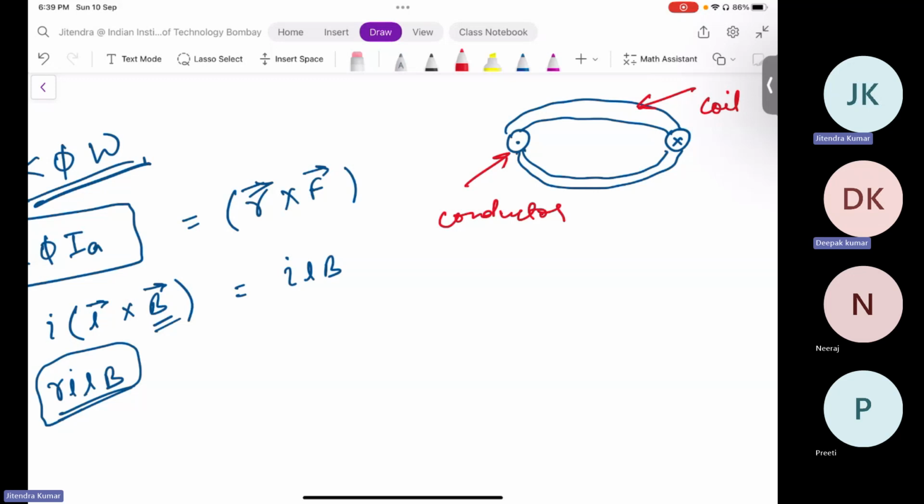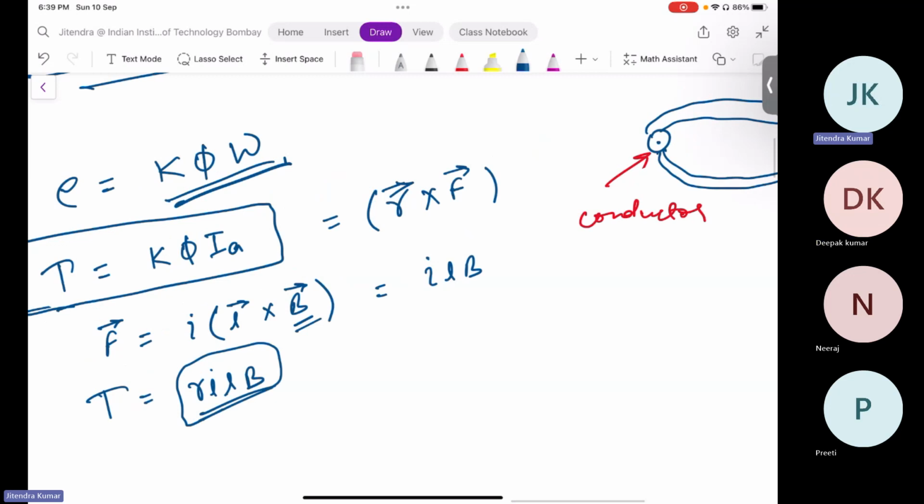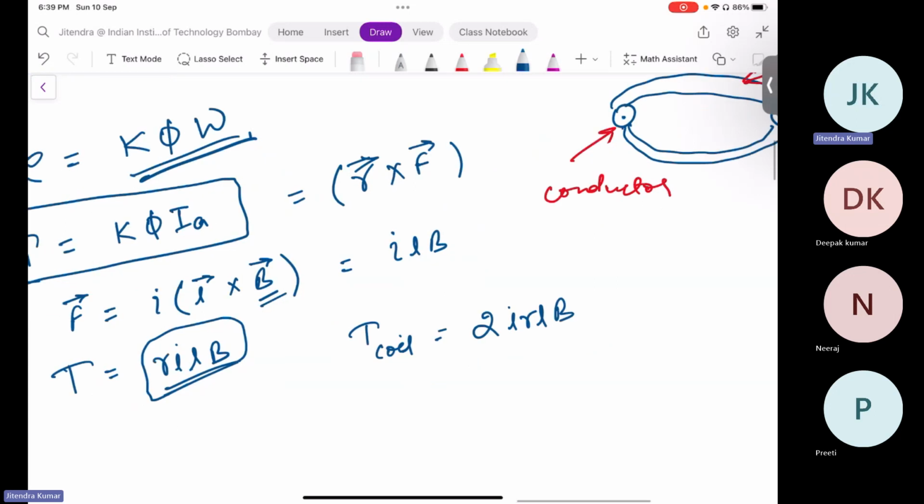Whatever the number of turns is, it will be one coil, and the number of conductors can be a multiple integer. So in one conductor, the induced torque is RILB. For a coil, the torque will be 2IRLB.